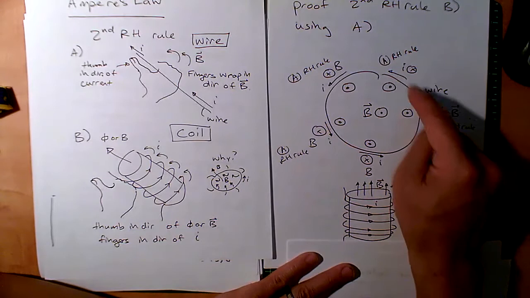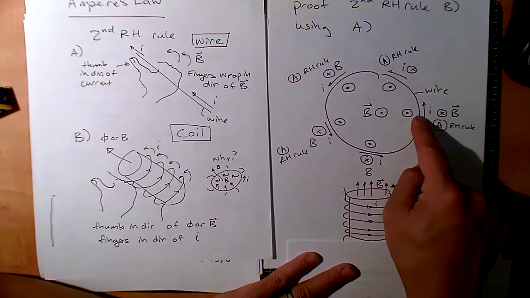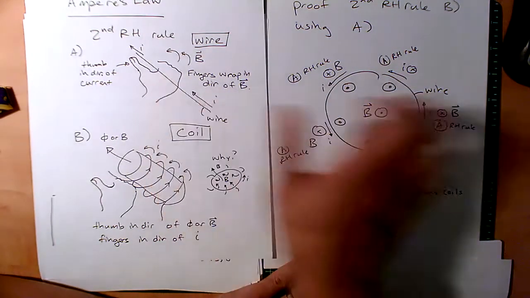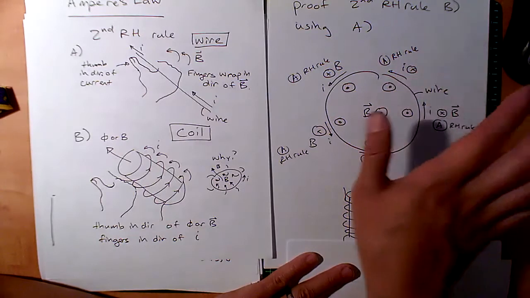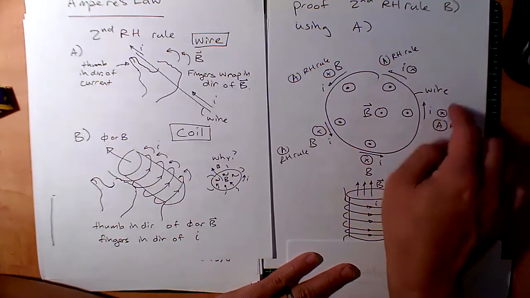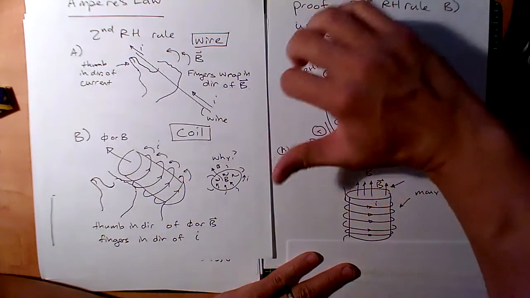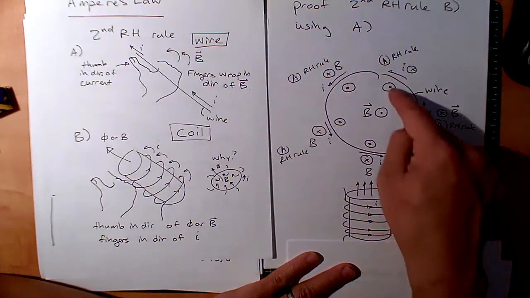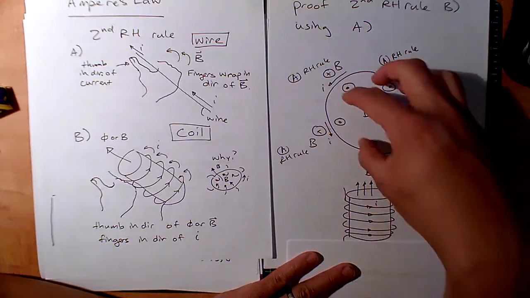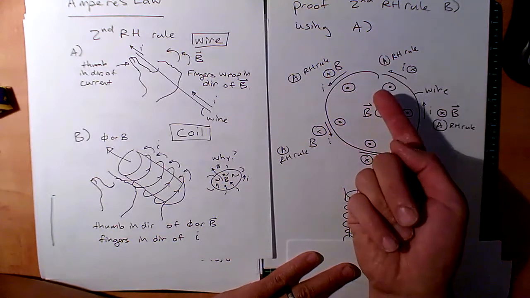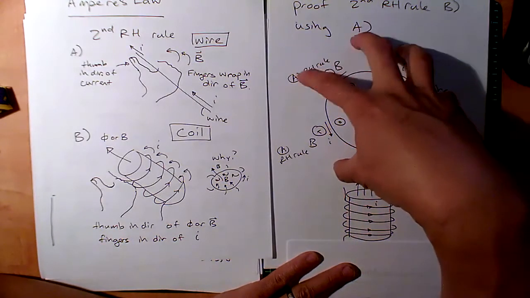Let's look at any moment here. If I'm looking over here and I use the first right-hand rule, can you see how flux density is going to go down on this side and up here? If I go over here, down and up, down and up. So that means everywhere inside this loop, the overall flux density is going up. Everywhere outside this loop, the flux density is going down.